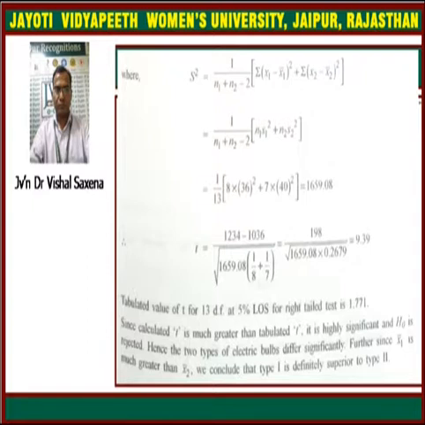It means the observed value is greater than this theoretical value. Therefore, the null hypothesis is rejected. If it is rejected, then mu x is not equal to mu y, and the alternative hypothesis will be accepted, that the type 1 bulb is superior to the type 2 bulb.